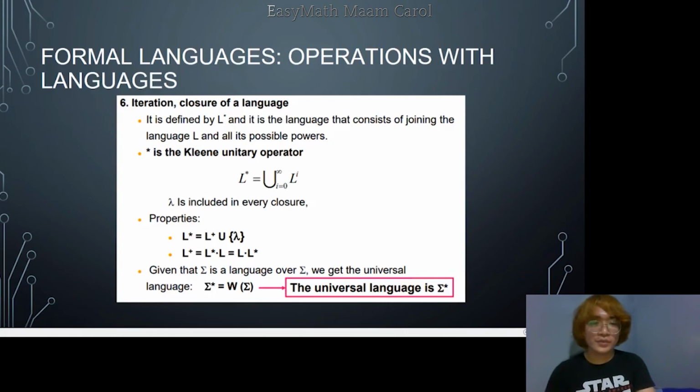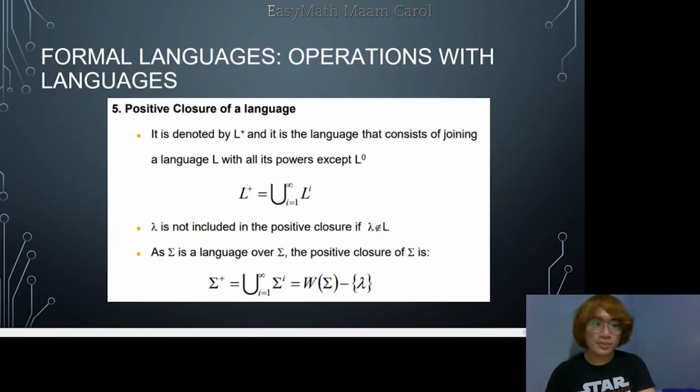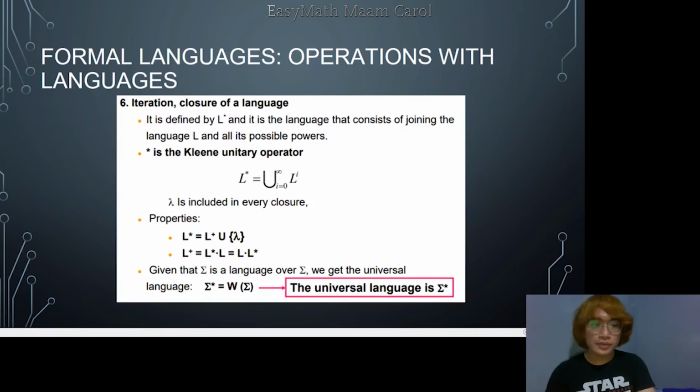Then there is the closure, iteration or closure of language. It is not exactly the opposite of the positive closure. It is called the Kleene star or Kleene unitary operator, and the star or asterisk is denoted by this equation.